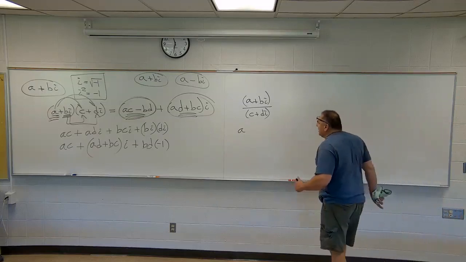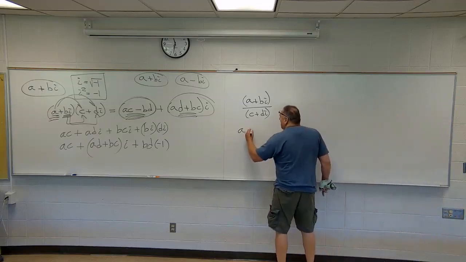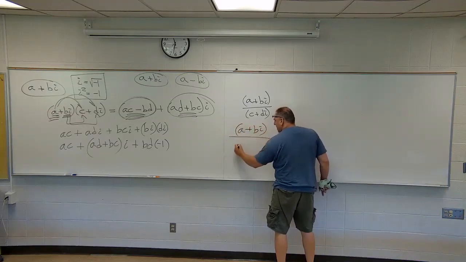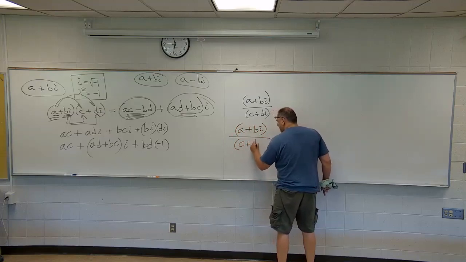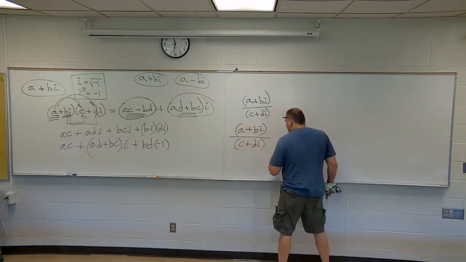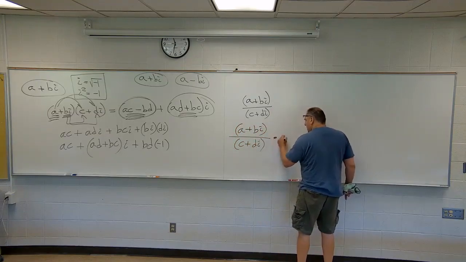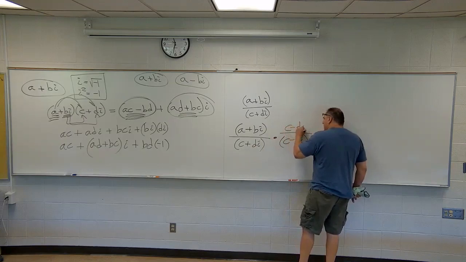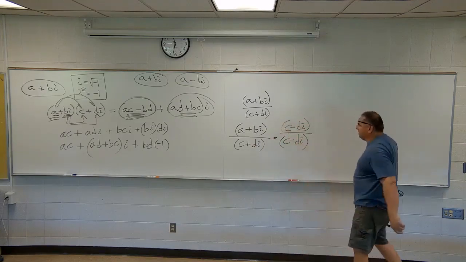To actually solve this right here, you got to multiply by a weird-looking special 1. You're using the complex conjugate of the denominator, and you're using that as your special 1.